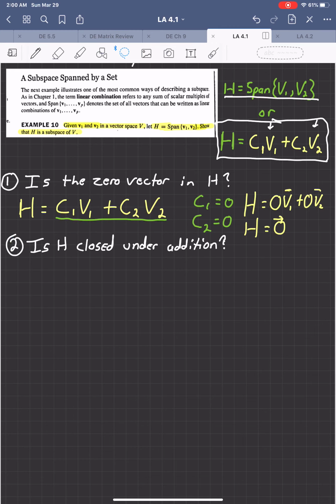Now, the next axiom we'll start with is, is H closed under addition? To be closed under addition, we're going to need two vectors and scalars.